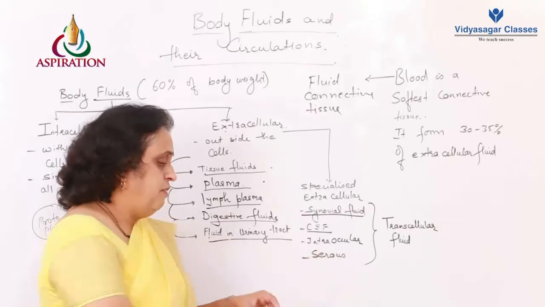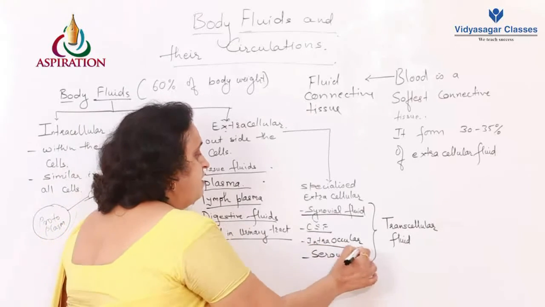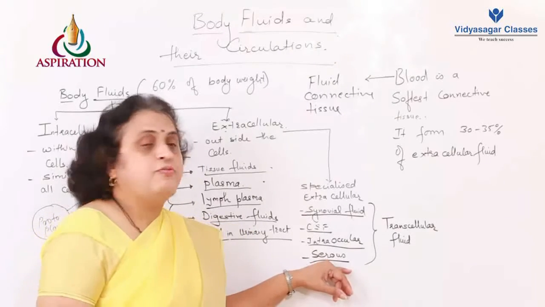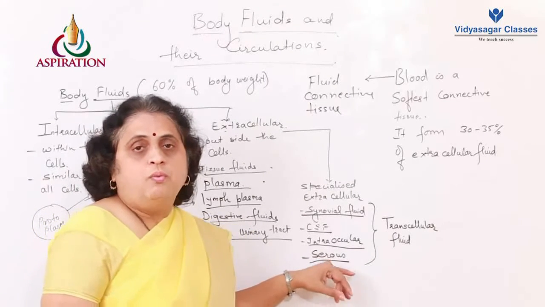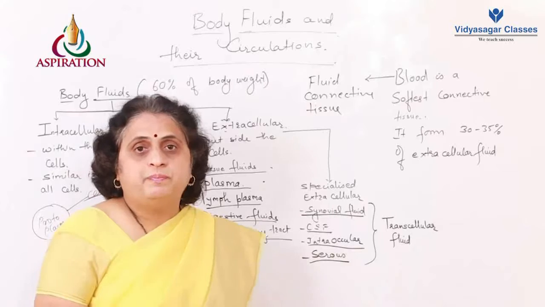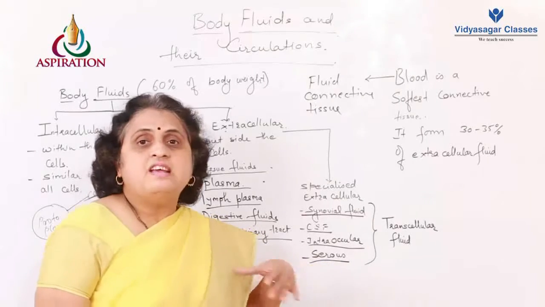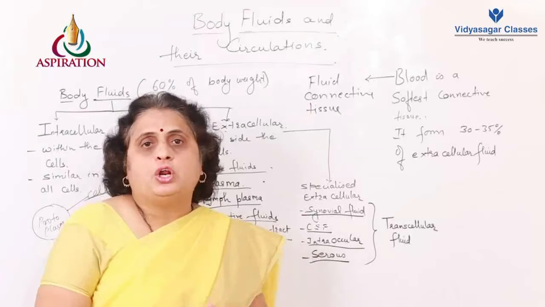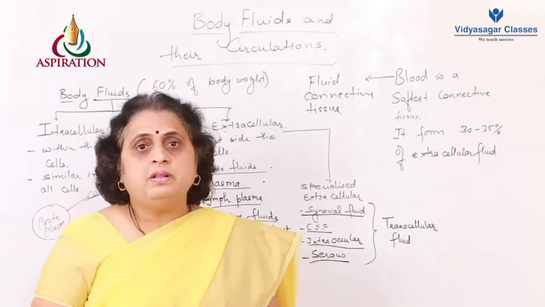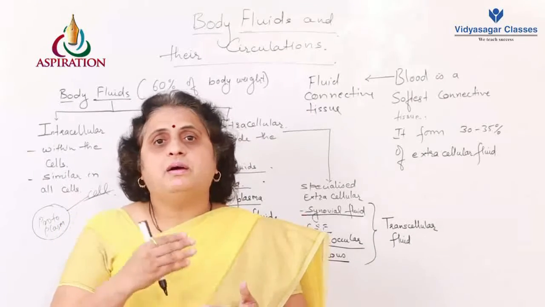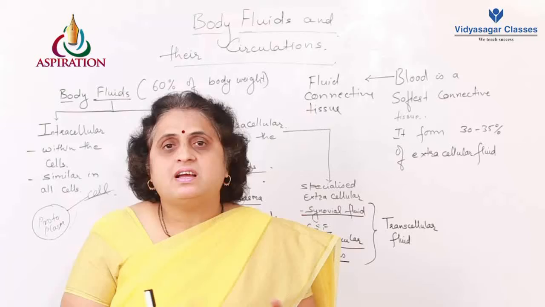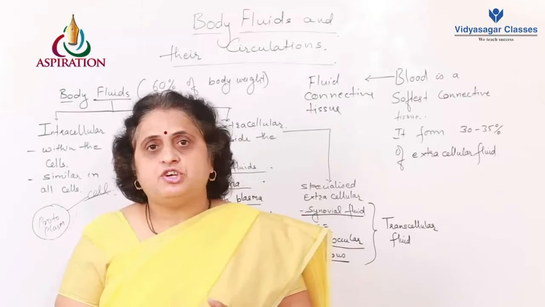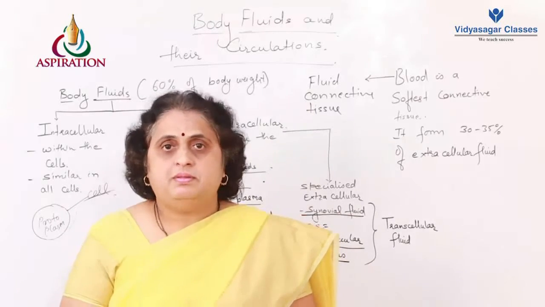The last that we find over here in the specialized extracellular fluids is serous fluid. What do I mean by serous fluid? This fluid is present in the membrane covering the special organs. For example, the heart is covered by a membranous structure called the pericardium. Our lungs are covered by a membranous structure called the pleural membrane.